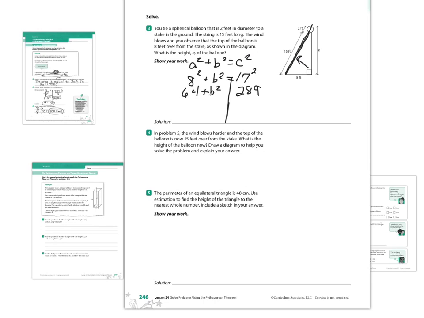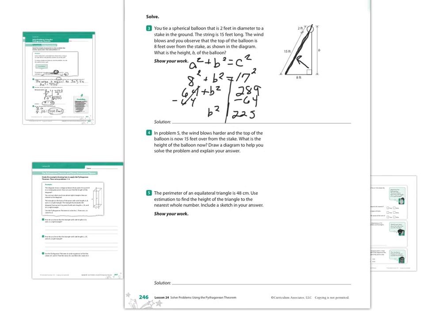Going through solving an equation, I look to isolate the variable. I got to use the inverse of adding 64, so I'm going to subtract 64 from both sides. That would leave me with b squared equal to 225. And we're left with a squared equation. And folks, if you haven't heard me say it yet, I'm going to say it again.